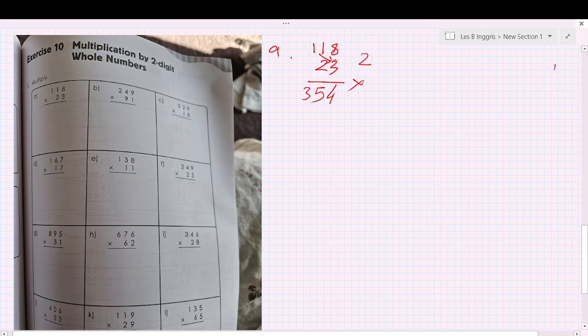So you multiply 2 with 8, you got 16. Keep the 1 beside, and you multiply 1 with 2, add the 1 beside, you got 3. And you multiply the 1 with 2. So you got 2,714.